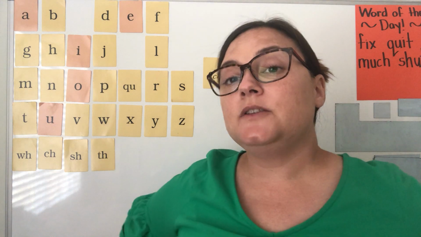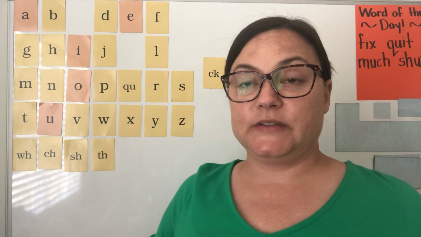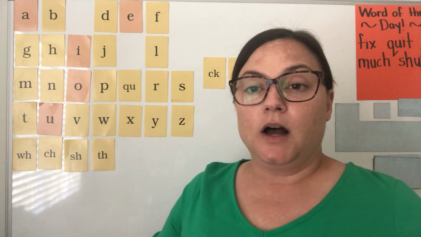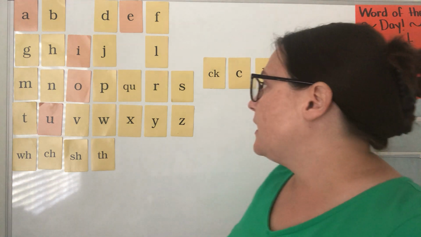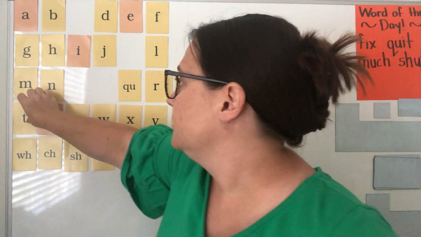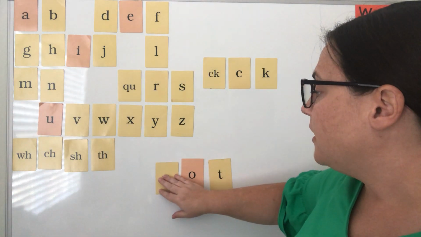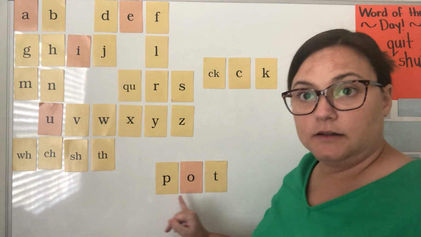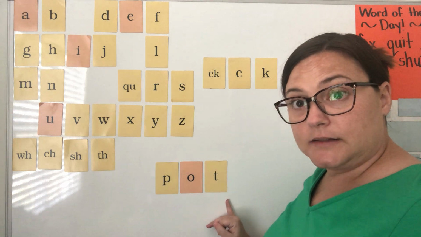So we have been doing a lot of words that are called consonant, vowel, consonant words. And all of these words have a consonant, a vowel in the middle, and a consonant.